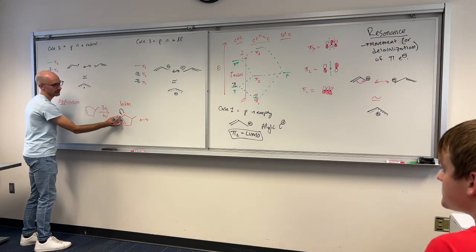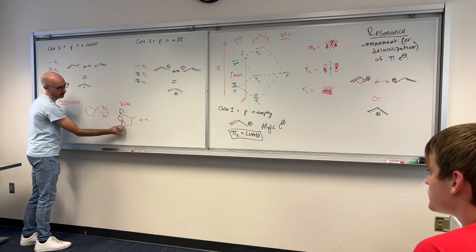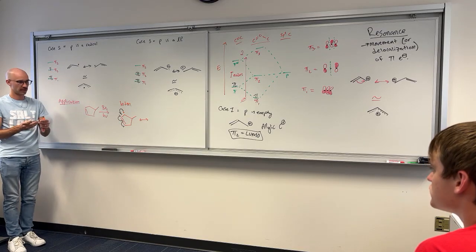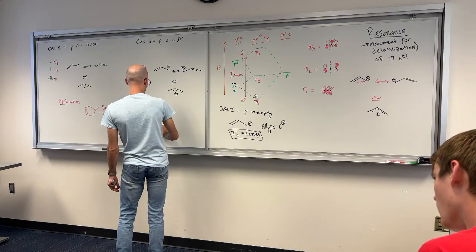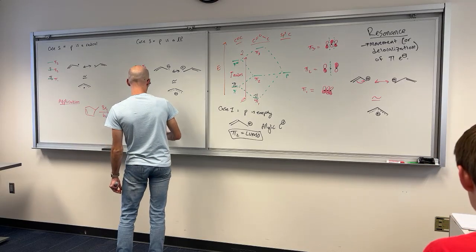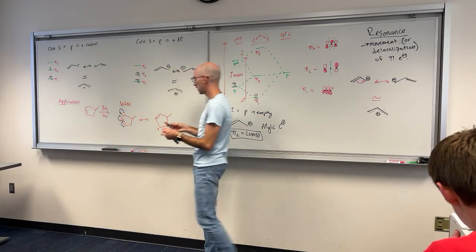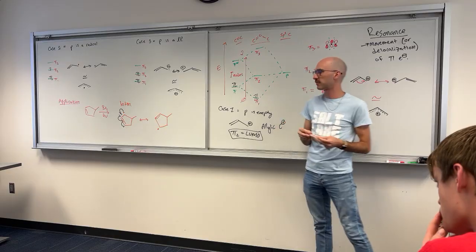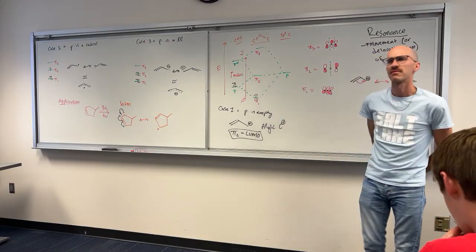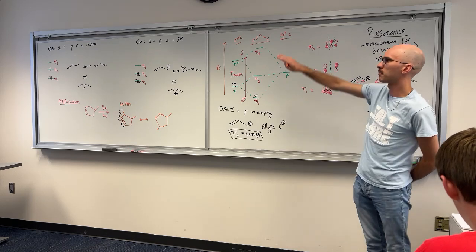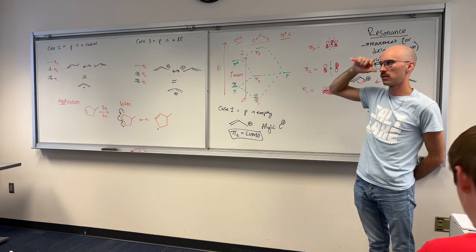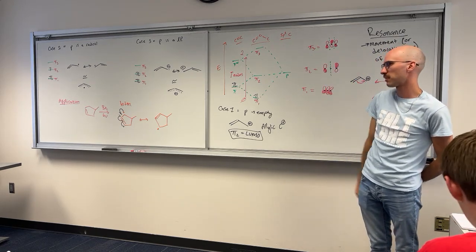Pi bond breaks into a radical electron and a radical electron. So now I get a second resonance form where the pi bond has shifted and the radical has shifted. Are these the same resonance structure, like the propenyl radical? Jacob, can you describe the difference?